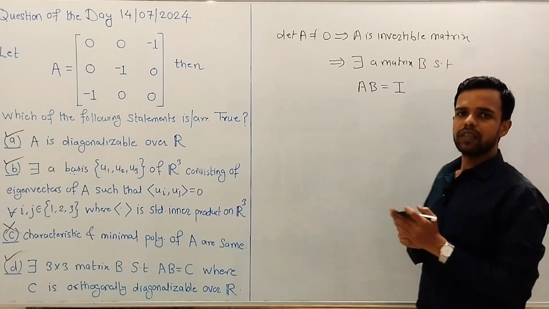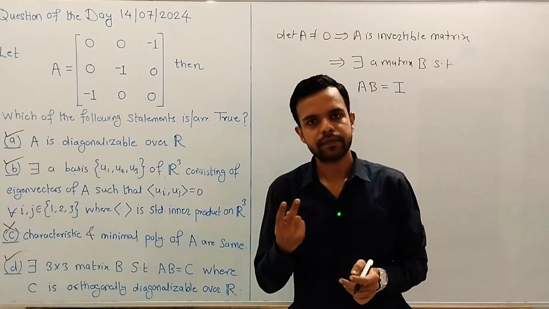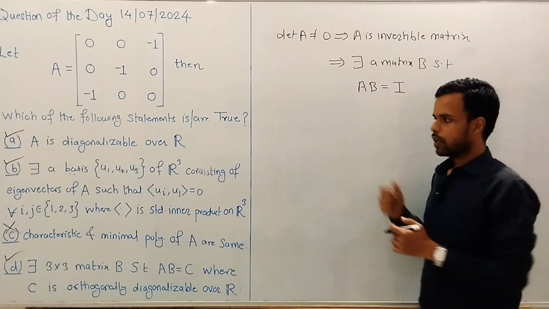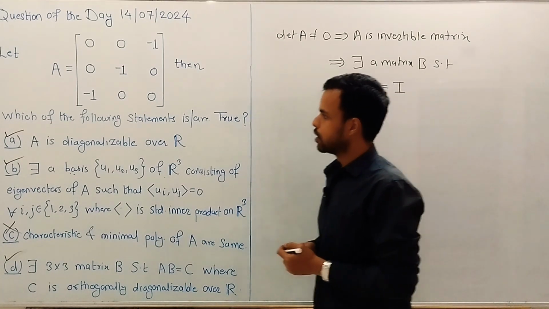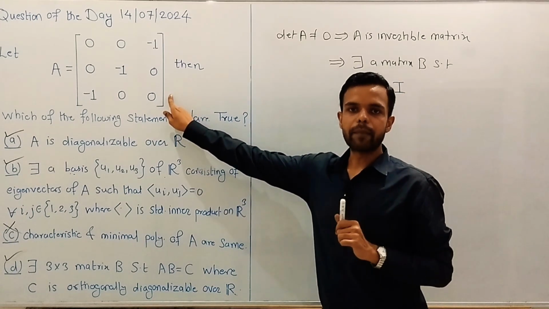Now, can we solve this question by using results and theorems in just 2 minutes? Yes, we can. Let's solve it. Clearly, A is a symmetric matrix.